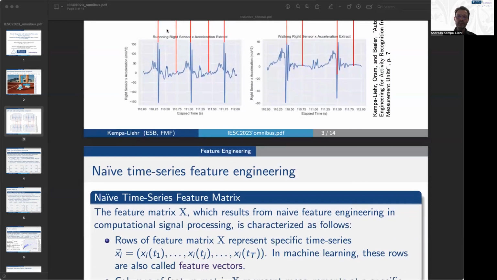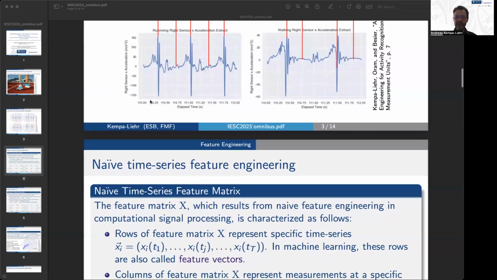Let's assume we just take into account one signal, namely the acceleration in X direction, for example this signal here. We've got a time window, approximately 2 seconds in this example, and we can use all these measurements as one row of our naive feature engineering matrix.